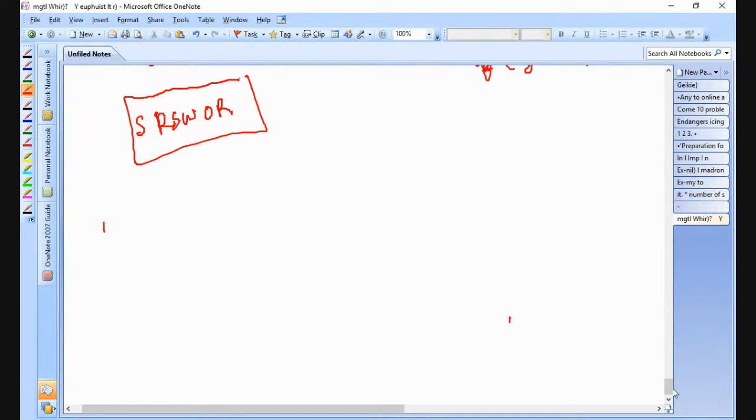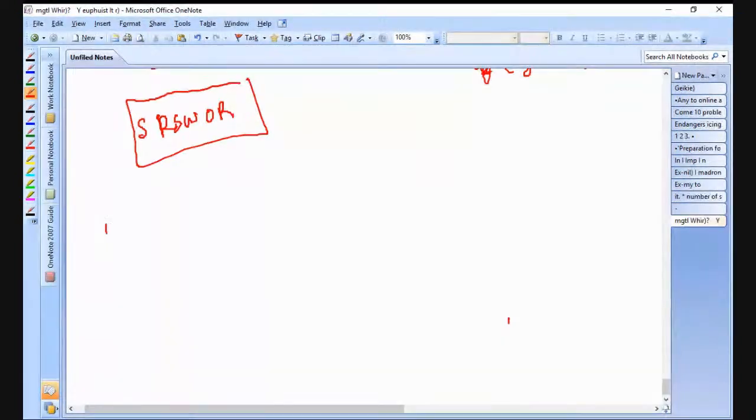So what is hypergeometric? Can someone tell me what is hypergeometric? In a population, there are n total population units. Out of the population units, there are some red and there are some black and white.